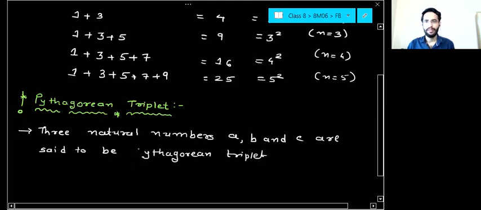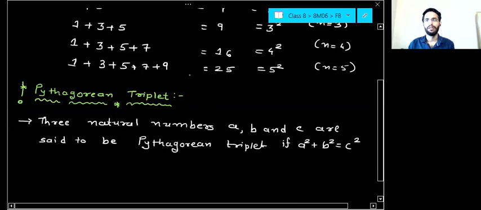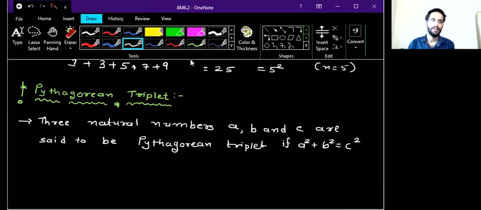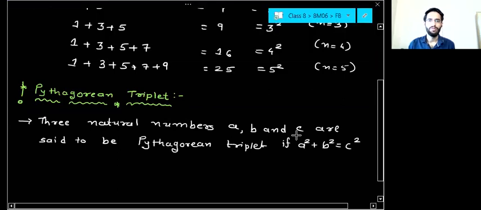And you should always write P capital whenever you are writing Pythagoras or Pythagorean. Why? Because he is a mathematician, right? When you are writing the name of any scientist, mathematician, or any person, the first letter should be capital. So Pythagorean triplet is A square plus B square equal to C square. So what is the condition for Pythagorean triplet? A square plus B square is equal to C square.